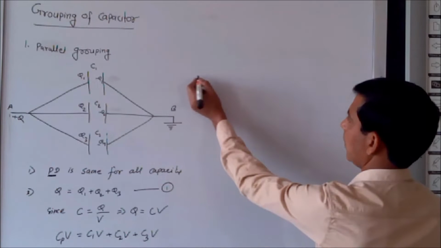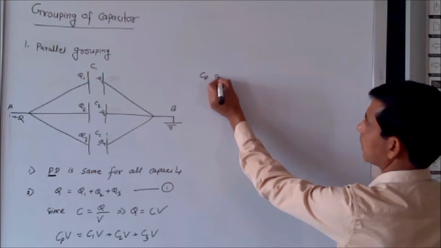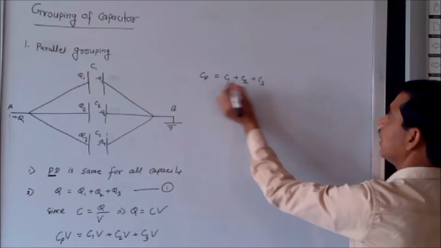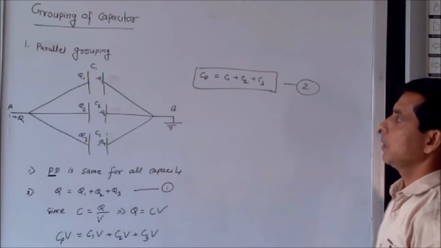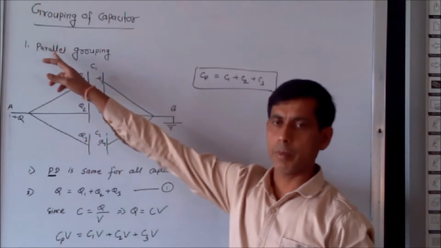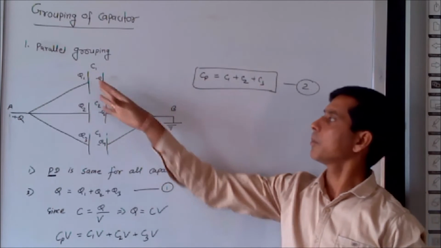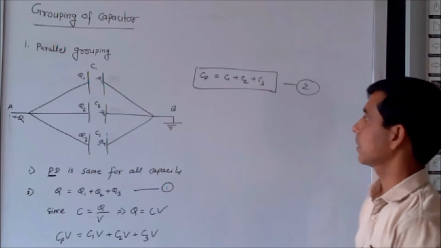After solving this step, we easily get Cp equal to C1 plus C2 plus C3. It is the formula for resultant capacity in parallel combination. That means the resultant capacity is the direct sum of all individual capacities.